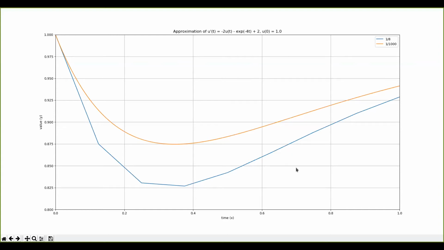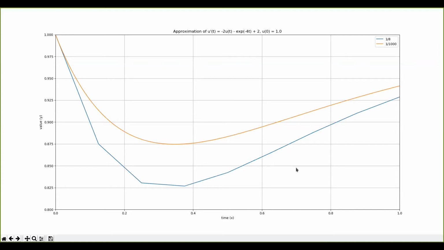So what the numerical approximation for our ordinary differential equation looks like typically is a polygonal line consisting of linear segments. You can think of it like we draw a line for some time t with a fixed slope, then we change the slope again, keep drawing the line, and so on.